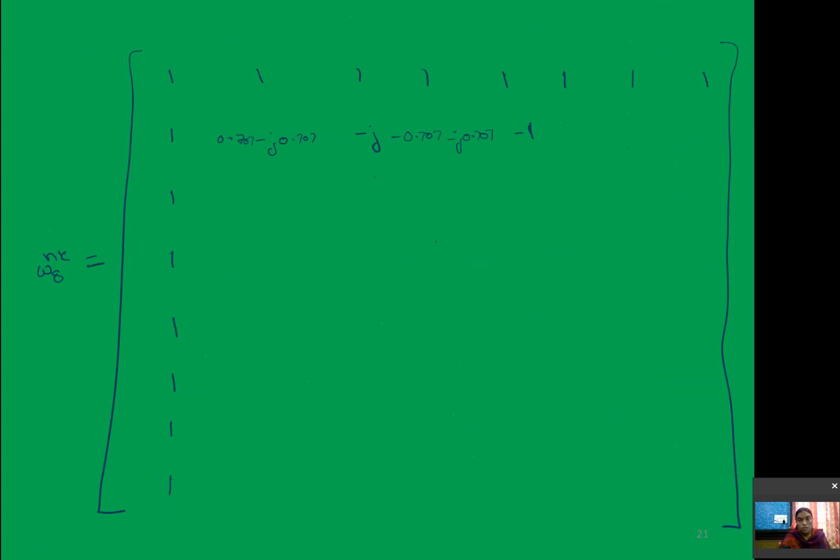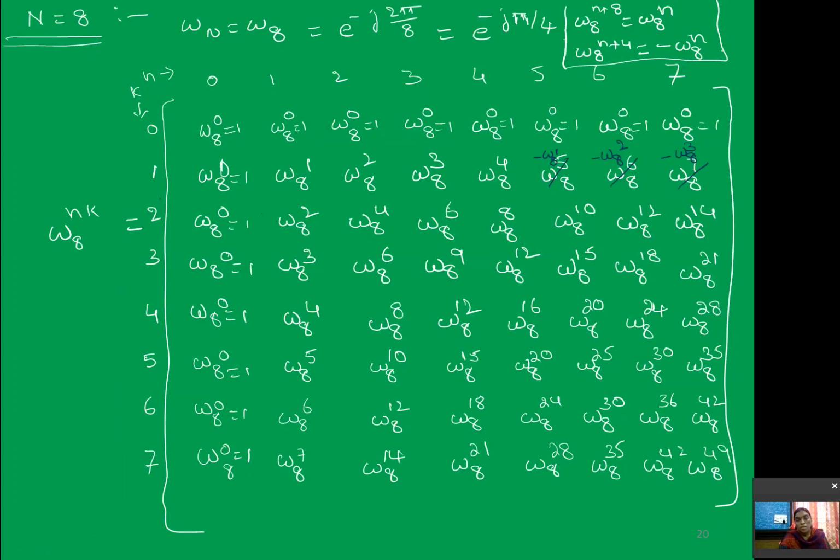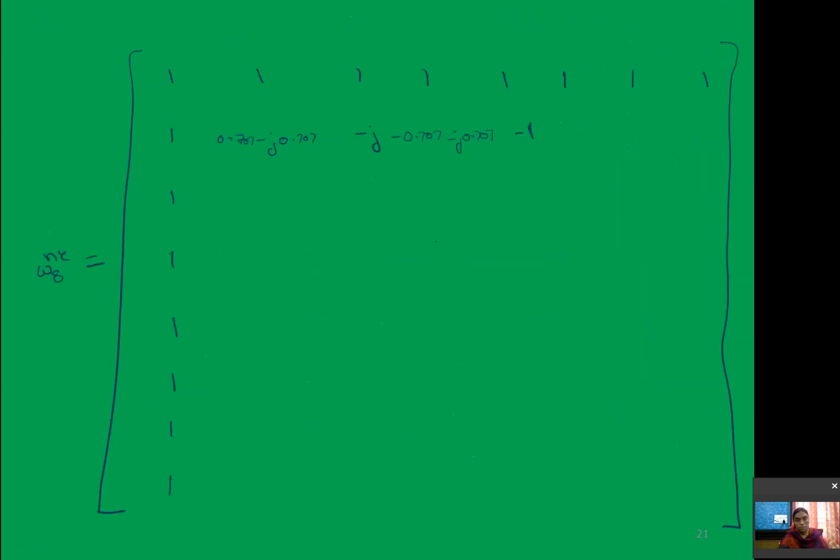So minus W8 power 1, minus W8 power 2, minus W8 power 3. Minus W8 power 1 means minus 0.707 plus j 0.707.